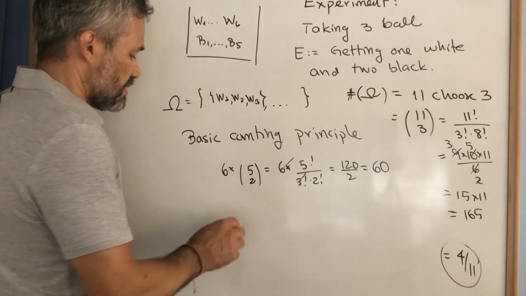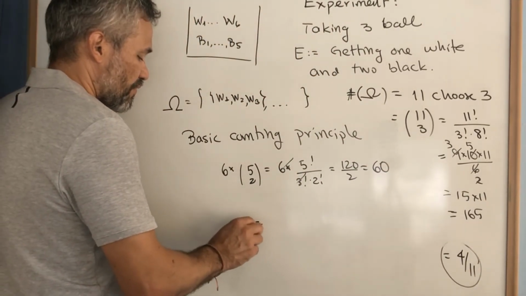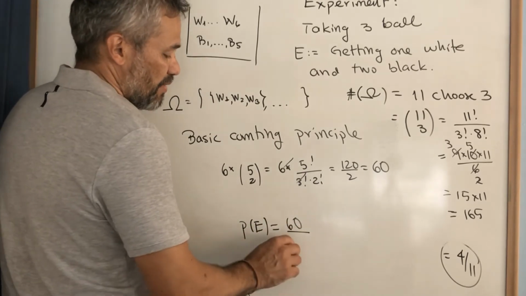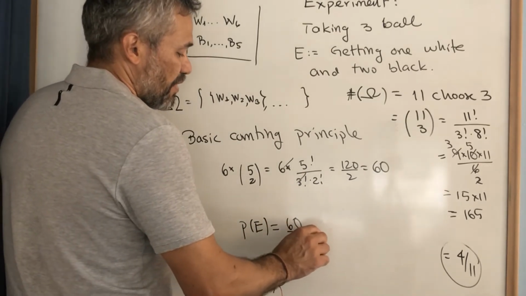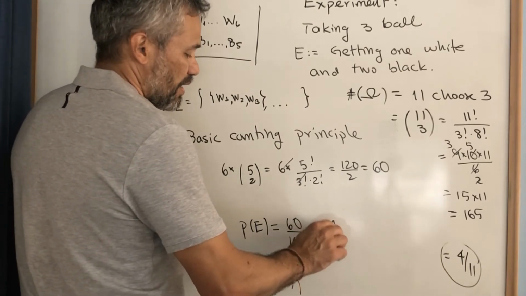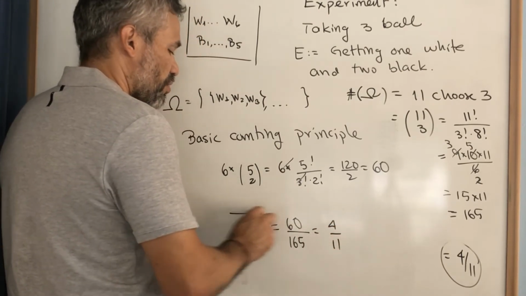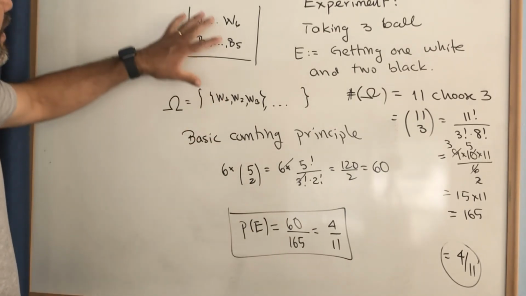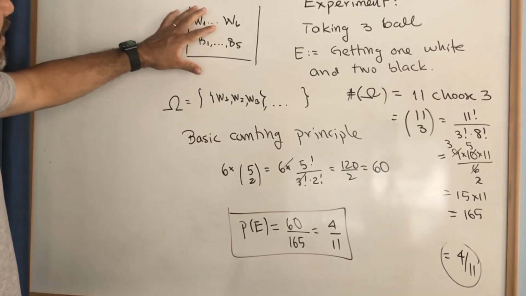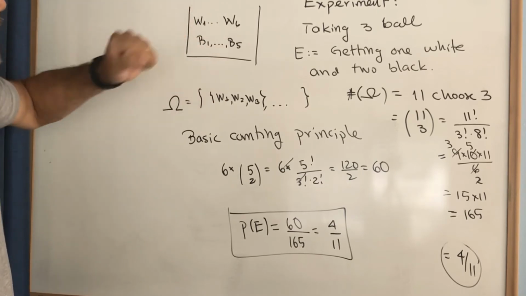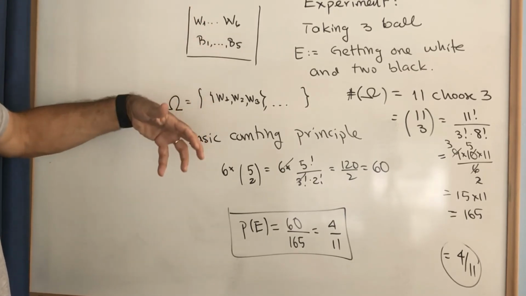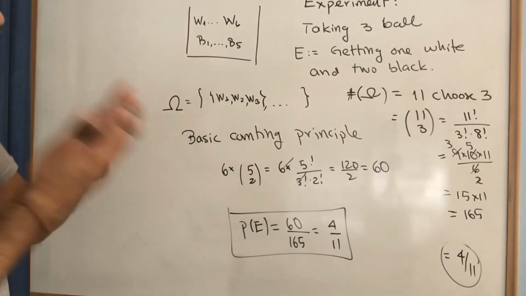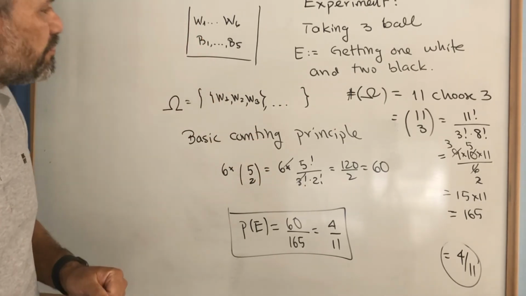Then in this case the probability of E would be 60 divided by 165, and we can check that we get again 4/11. Then in this case, it doesn't matter if we consider the experiment just by taking one at a time and considering the order in which the balls were taken, or just selecting the three at a time.